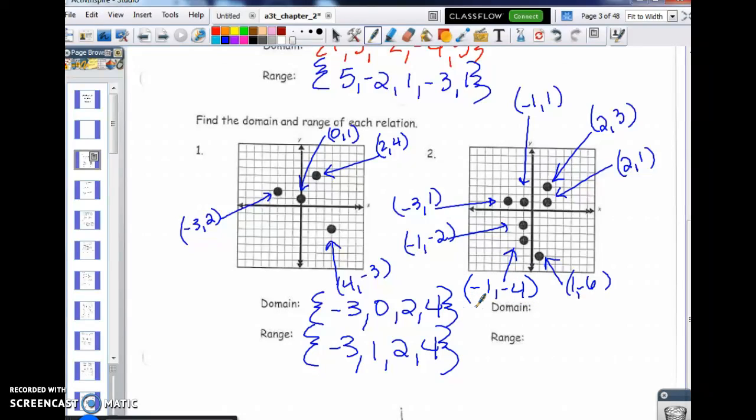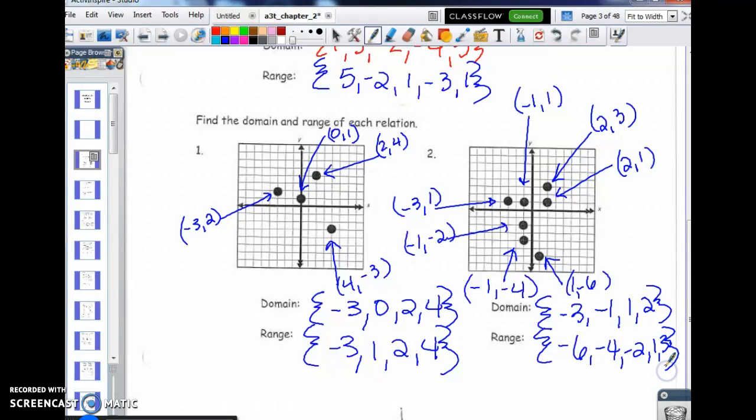All right, we know what all of our x, y coordinates are for these points, so we can list the domain: -3, -1, 1, and 2. And our range: -6, -4, -2, 1, and 3. Now we see when we did these graphs, we listed those values from least to greatest, and that's how we would want to represent our answer for these.